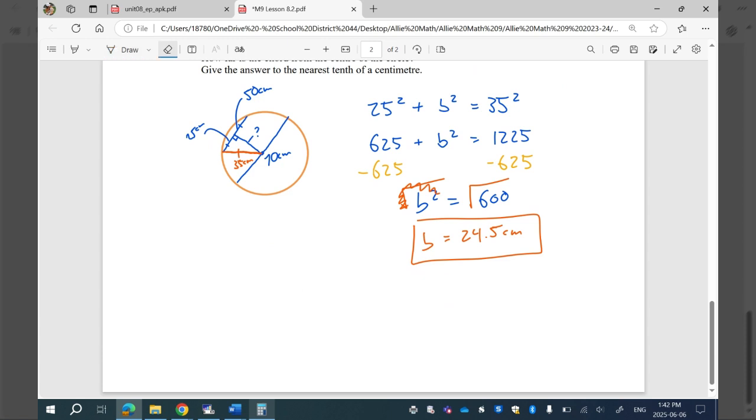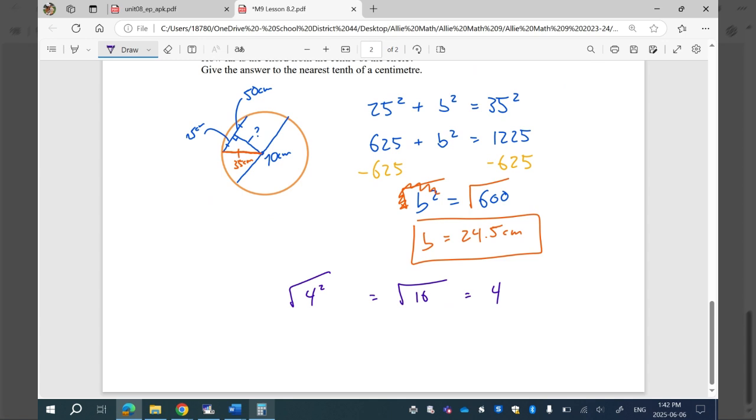I do want to spend a moment, and maybe I should have done this last time, to explain why having something squared and taking the square root cancels it out. So let's do a quick detour. We have 4 squared, and we also have the square root of that. 4 squared is 16, so the square root of 16 equals 4.